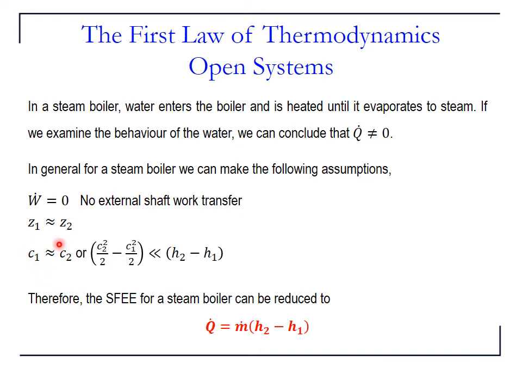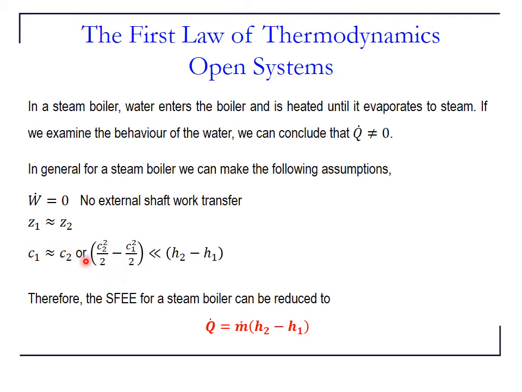The change in kinetic energy is also very small if we compare it with the change in enthalpy. Because this is a heat exchanger, it provides a lot of heat, so the change in enthalpy is a very big value, usually much bigger than the change in kinetic energy, so we can ignore this term as well.